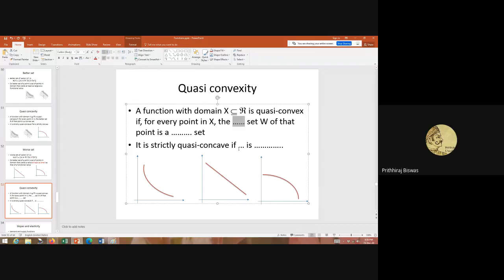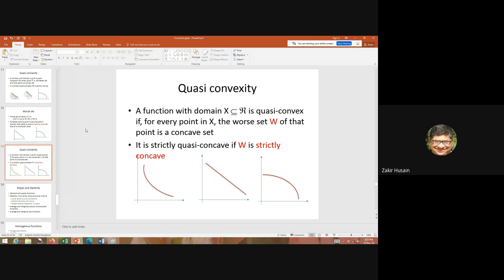The worse set is a concave set. If strictly convex, W is strictly concave. Okay, very good.